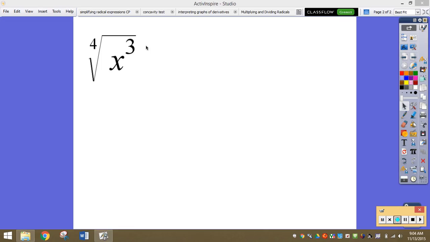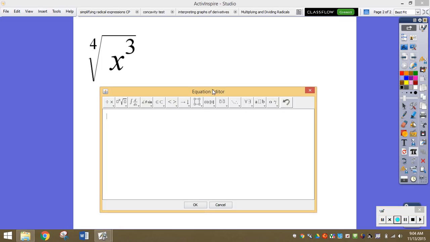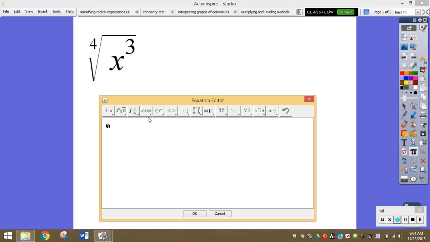I know I need to convert this to exponential form because that's what the directions are going to tell me to do. So I know I need an exponent, and my base will be x because that doesn't change. I'll have my base of x, and I'll need to have my exponent. I'm going to have a fractional exponent because that's what radicals are.